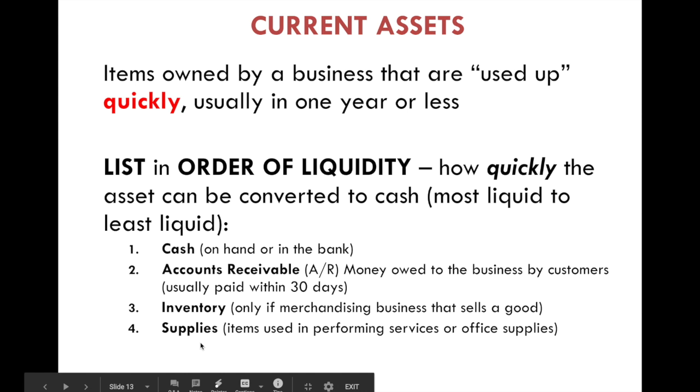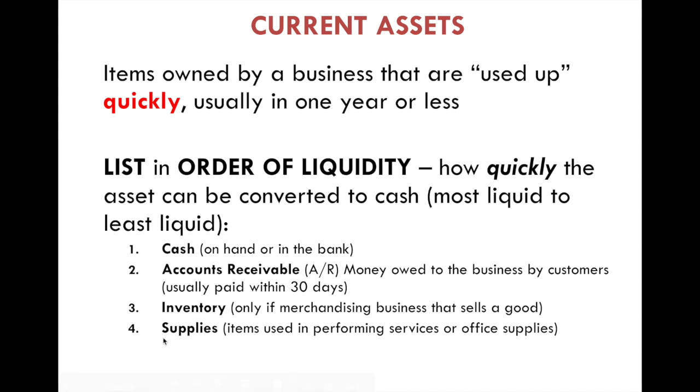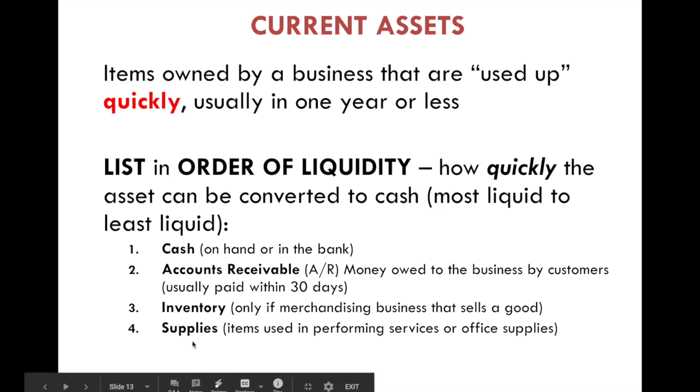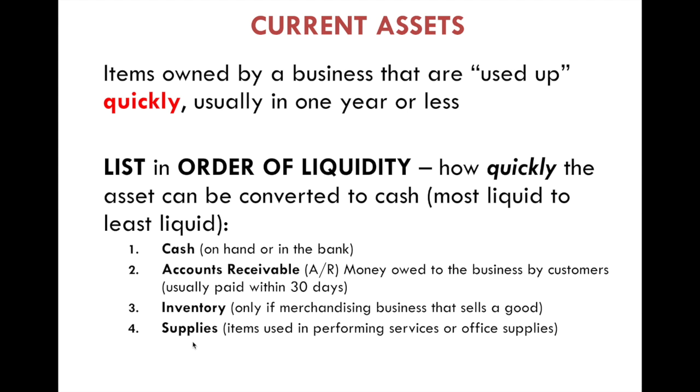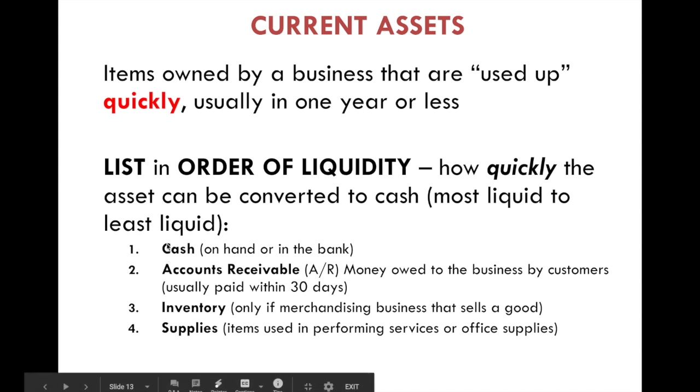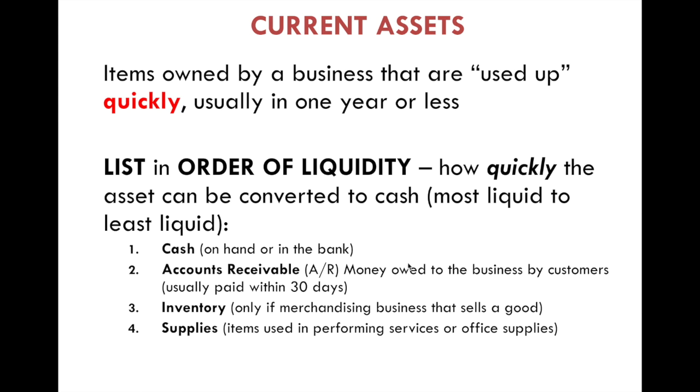Supplies are a little less liquid because the business was not designed to sell these supplies. It was designed to sell the inventory. So supplies are useful, so they'll still sell, but probably not as quickly as the actual inventory will. Does that make sense? Anyway, hopefully you get an idea of the order here. Just remember order of liquidity, how easy it is to sell something.